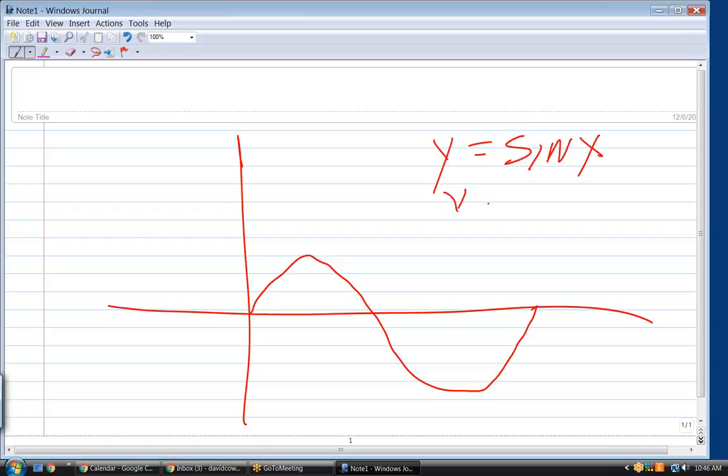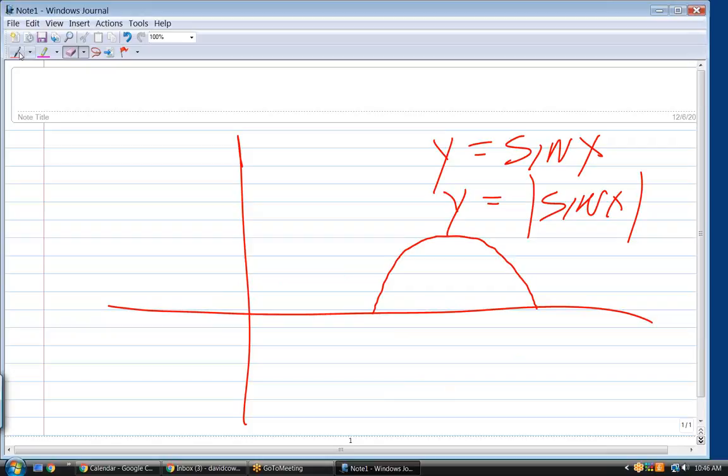Well, if I want to know what y equals absolute value of sine x is, I just take every point that's below the x-axis and reflect it over the x-axis. So that becomes that. And I erase the bottom part. So that's what that function would look like.